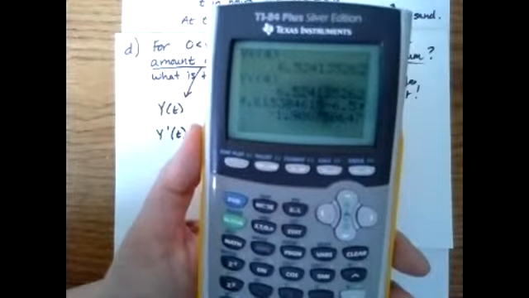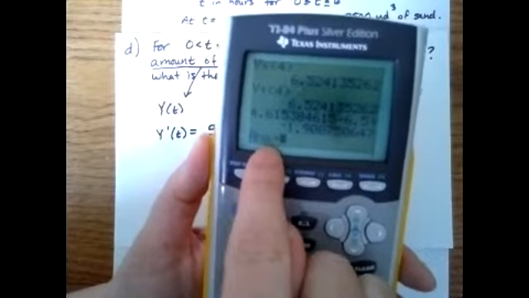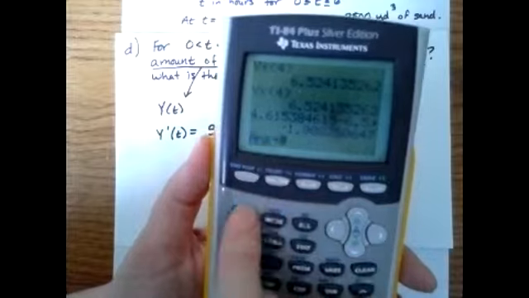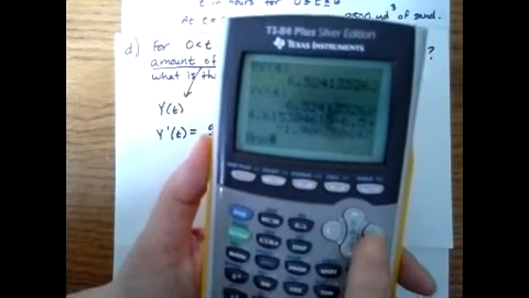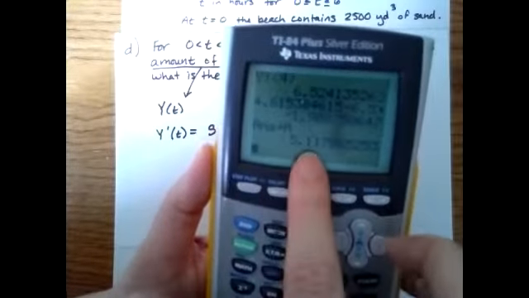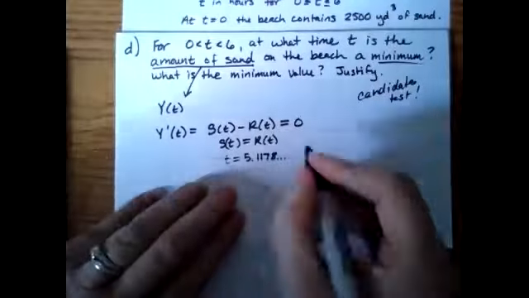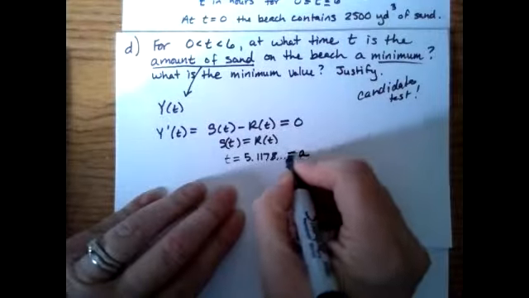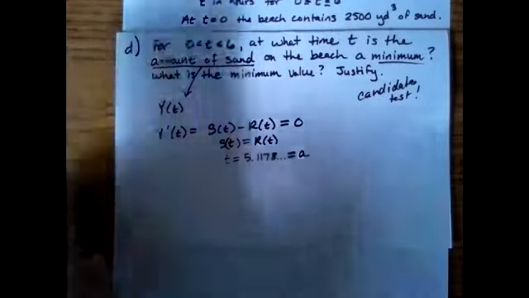Then just hit store, because the last answer you had was that intersection number. I'm going to store this as A. Alpha A. There it is, the 5.11786. It's stored there. I'm also going to write a note to anybody reading my paper that this is going to equal A, and if I use this number anywhere else, I'll just represent it with the A.